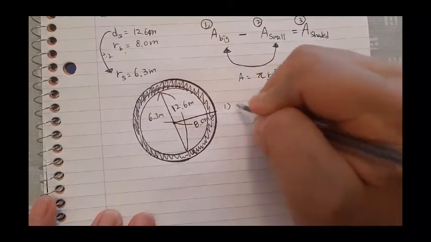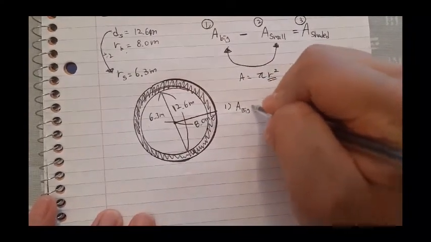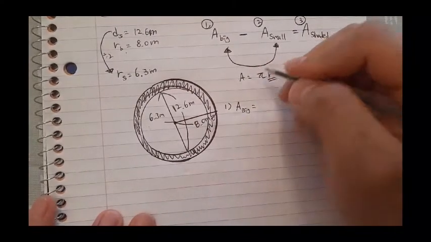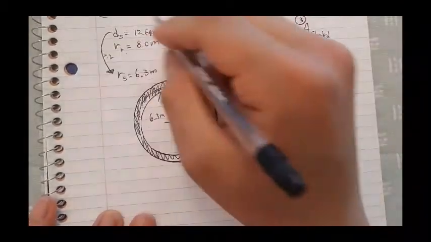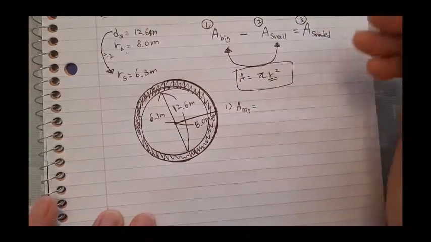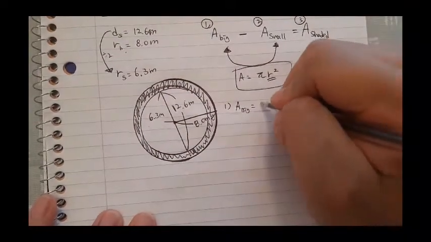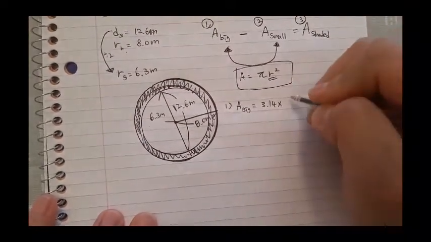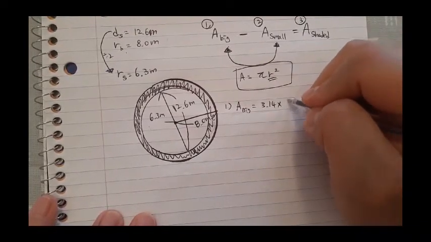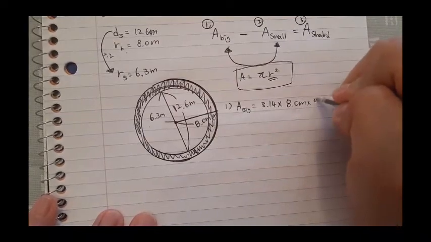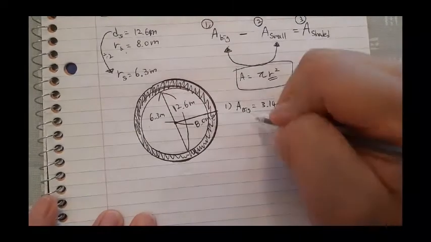So number one, my big circle area, pi r squared, that's my formula. So listing is the first step, formula is the second step, which is done. My third step is punching the numbers in. 3.14 times the bigger radius, which is 8.0 meter times 8.0 meter.